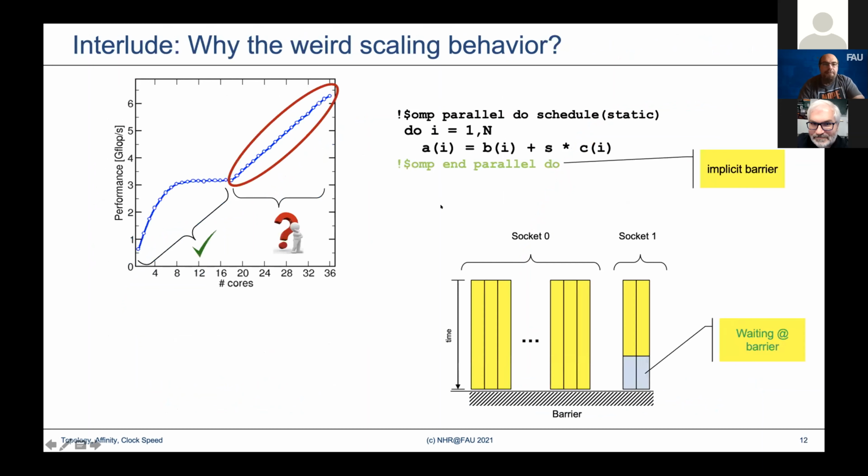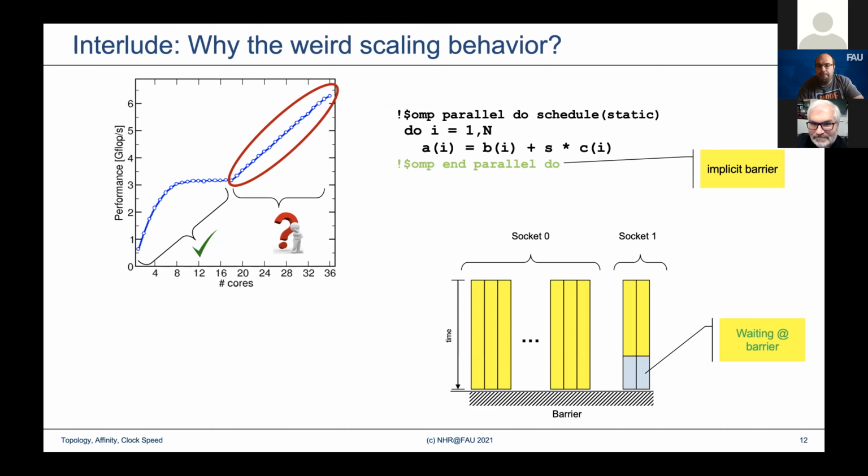And the reason for that is the implicit barrier at the end of OpenMP parallel sections or the do loops. If we look at how the work is distributed on socket 0, all the threads are fully occupied with work, so they take the full time. But on the second socket, the memory bandwidth is not fully used.